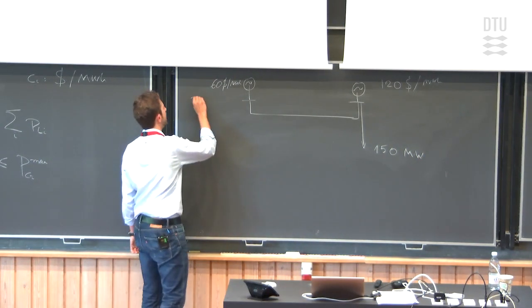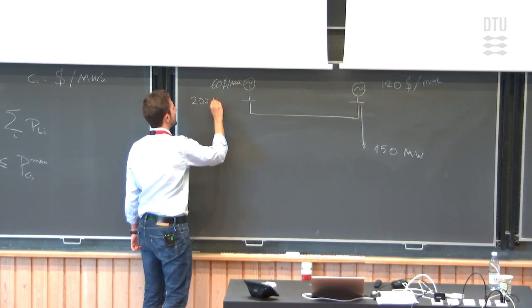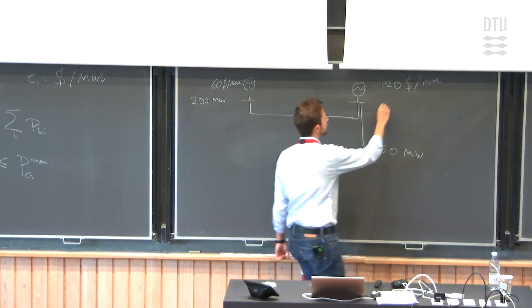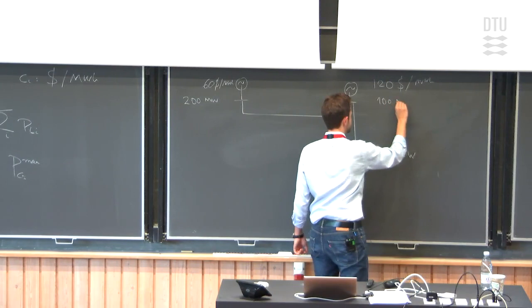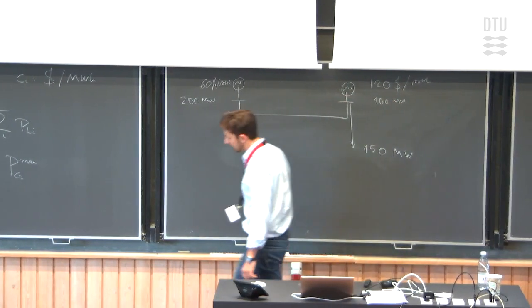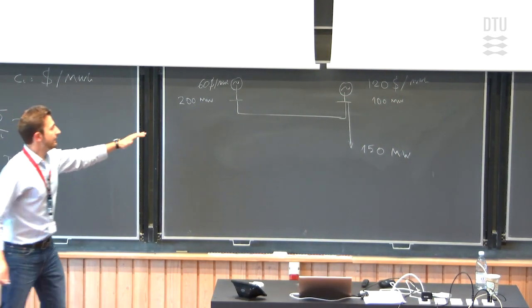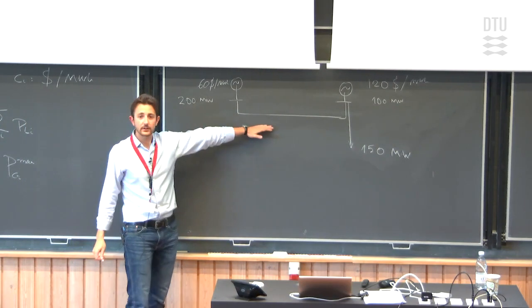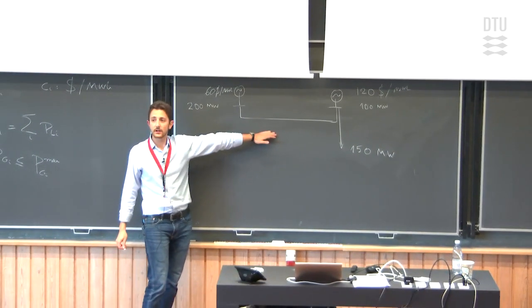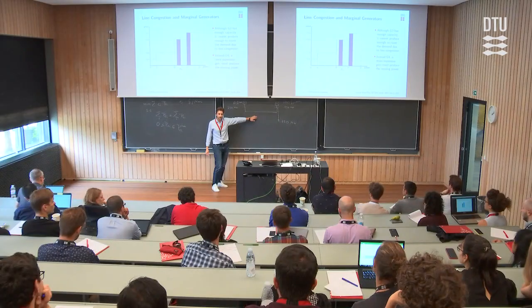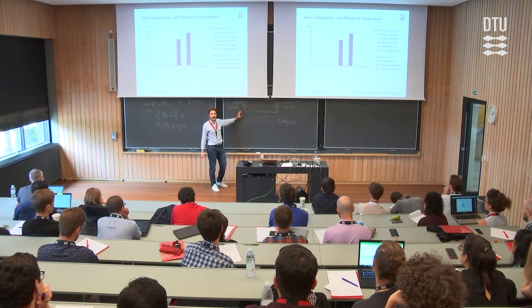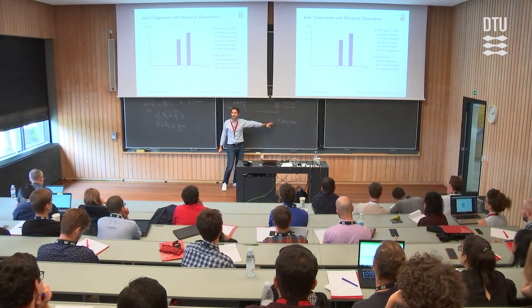And this is 200 megawatts and 100 here. Okay. If we don't take the line constraints here, so I don't care what this is, what's going to happen? Right. The left generator is going to supply all the demand, right?